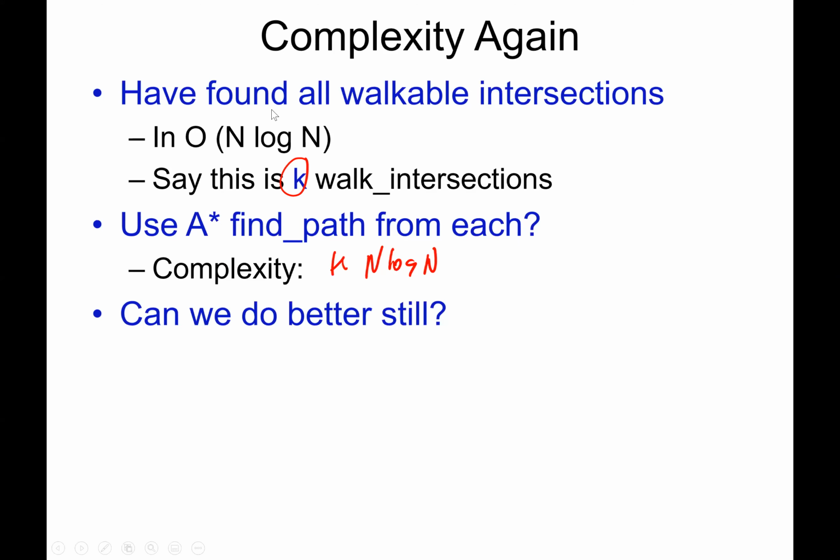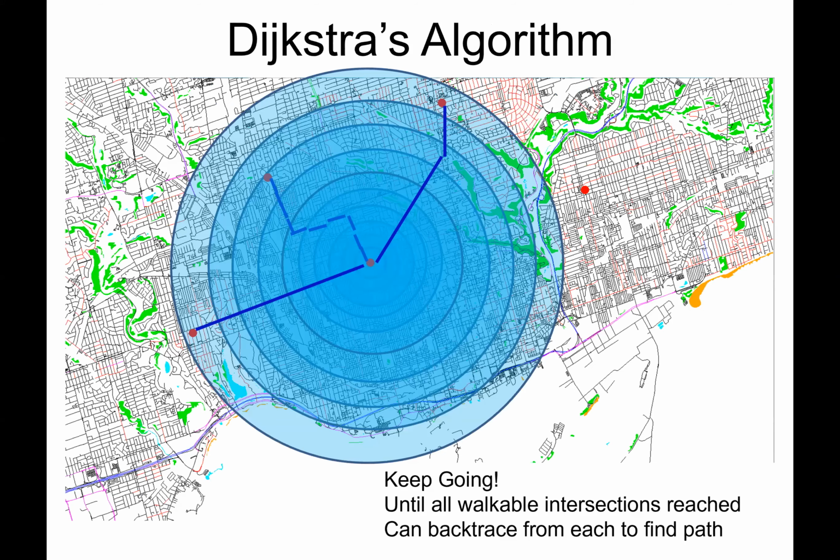Okay, so can we do better still? Yeah, you can. The basic idea is, again, think about what your pathfinding algorithm is doing. We can use Dijkstra's algorithm, as I just told you, to find not just one path, but many paths to all of the nodes that are within some travel time.